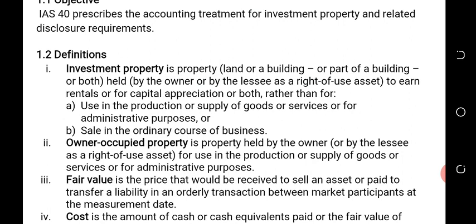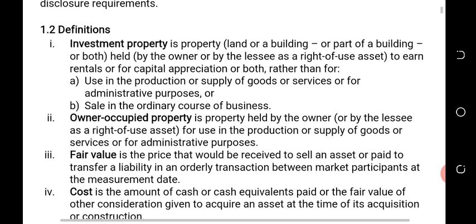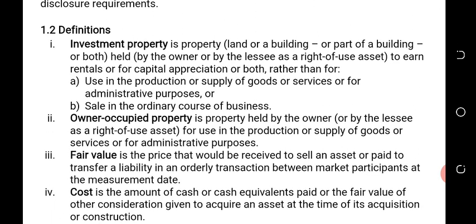Held by the owner or by the lessee as a right-of-use asset. This is a definition in accordance with IFRS 16. Held to earn rentals or for capital appreciation or both, rather than for use in the production or supply of goods or services or for administrative purposes or sale in the ordinary course of business.